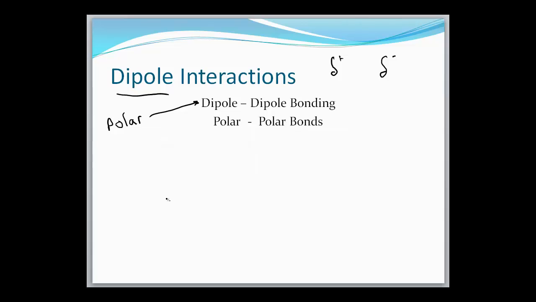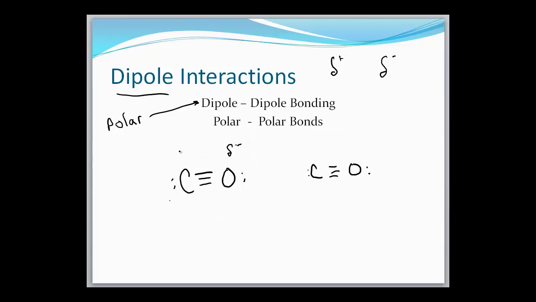So for example, let's pick something that doesn't contain hydrogen. Let's say you've got carbon monoxide. C triple bonded to an oxygen and C triple bonded to an oxygen. So you've got two carbon monoxide molecules near each other. Now this is a polar bond.